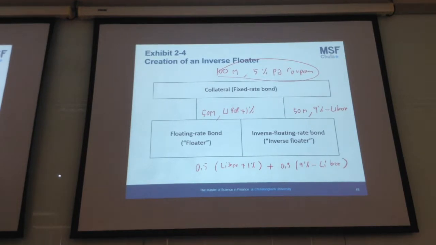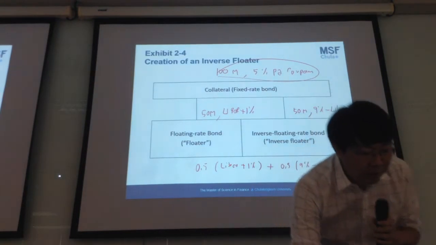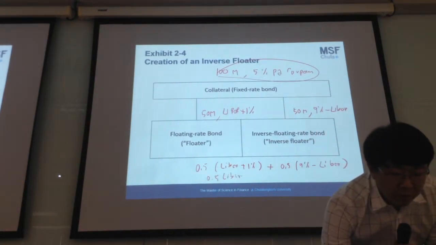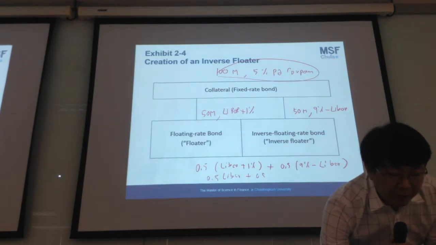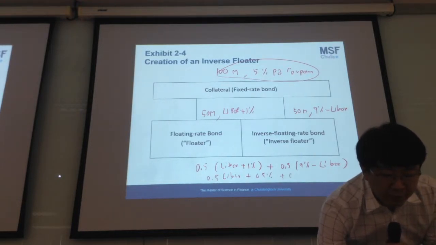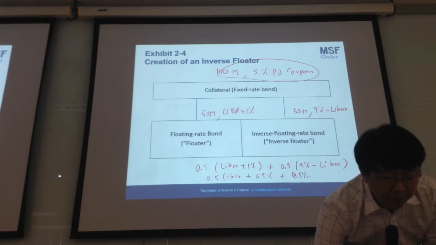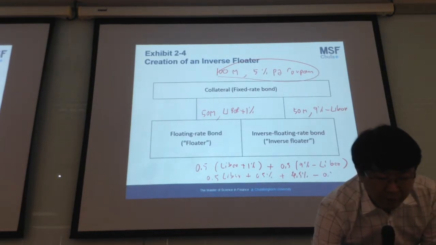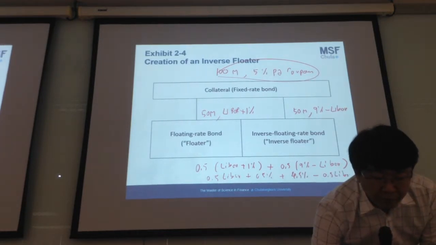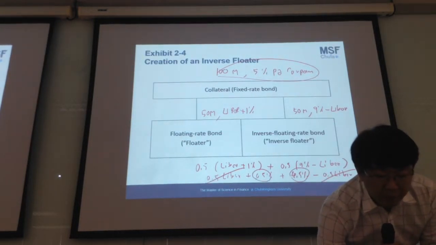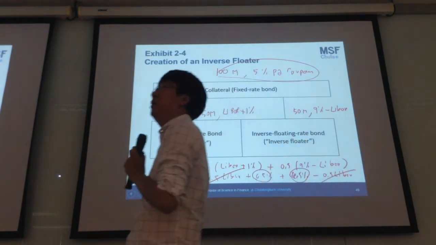So you can see that this is 0.5 LIBOR plus 0.5%, plus 0.5 multiplied by 9, so it's 4.5, minus 0.5 LIBOR. You can see this will be cancelled out, and this is 0.5 plus 4.5, so it's 5%.